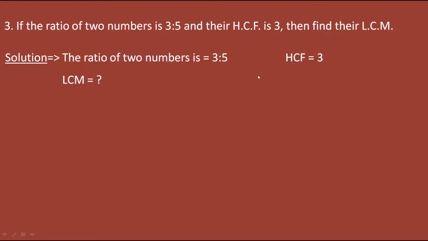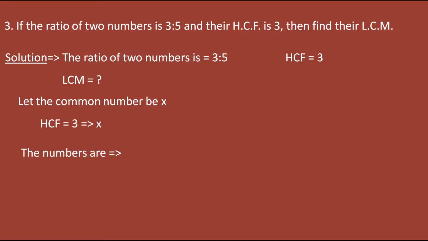So directly we have to multiply this ratio with this HCF. We will get those numbers. So let the common number be x, that is HCF, which is equal to 3x. So the numbers are 3 into 3 is equal to 9 and 5 into 3 which is equal to 15.